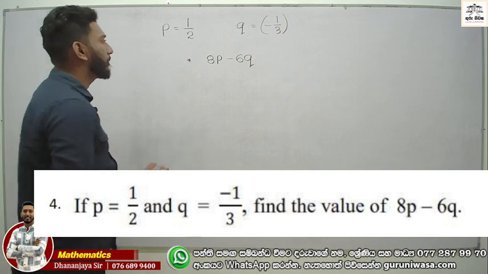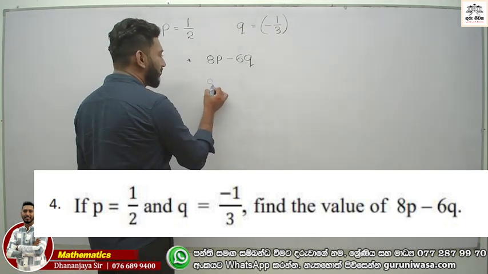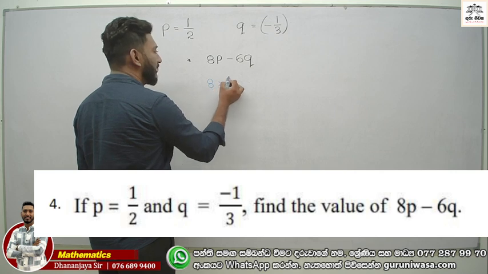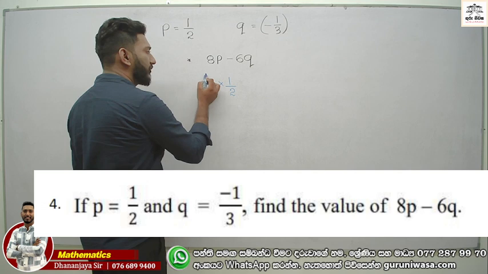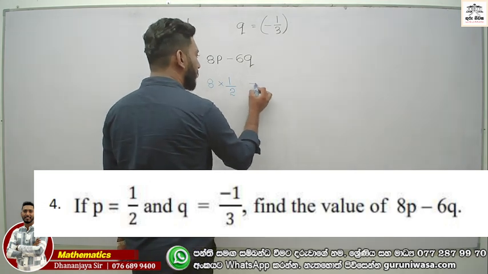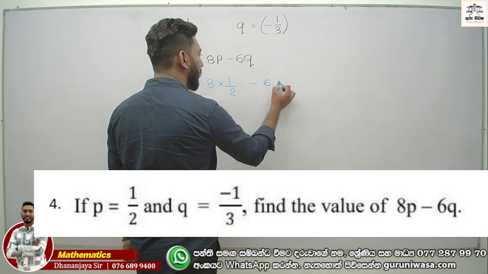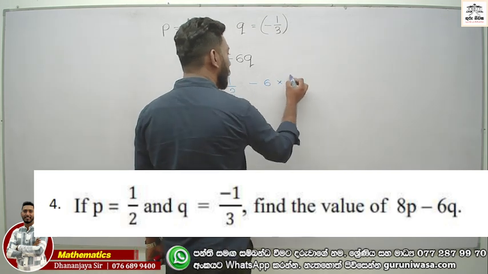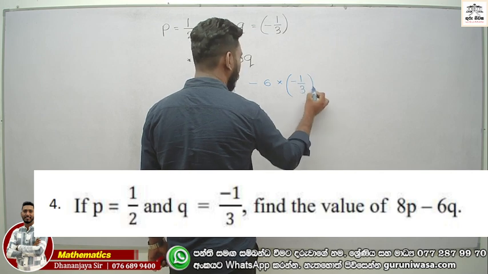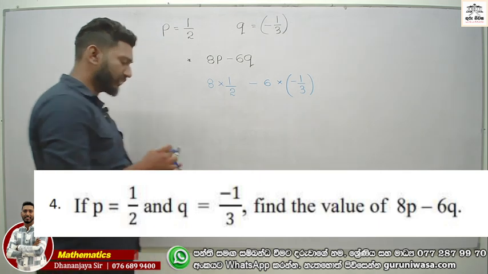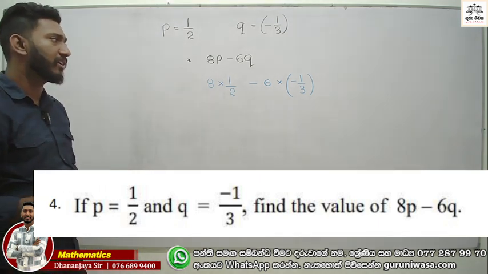8 multiplied by p, which is a half. This is the first part. And the minus 6 multiplied by the minus 1/3. Now listen, this is also relevant to simplification.